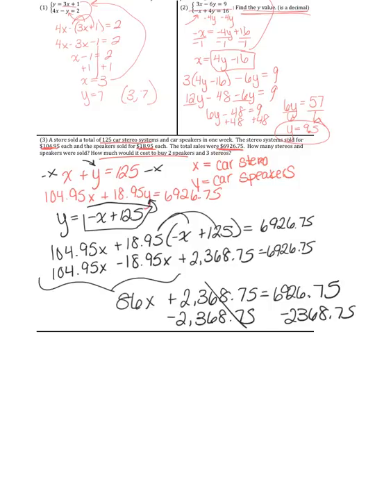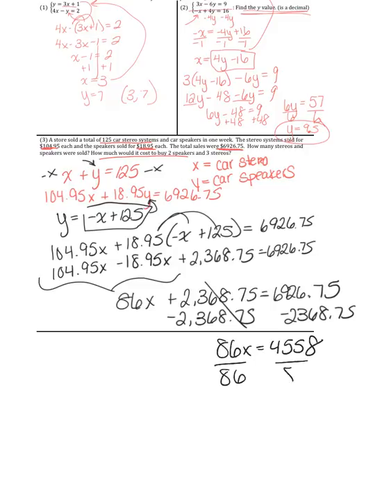Let's see. So we got 6,926.75 minus 2,368.75. Oh, that doesn't look right. Let's try that again. 6,926 minus 2,368. There we go. So I'm left with 86x is equal to 4,558.